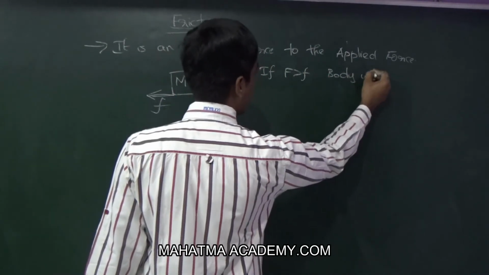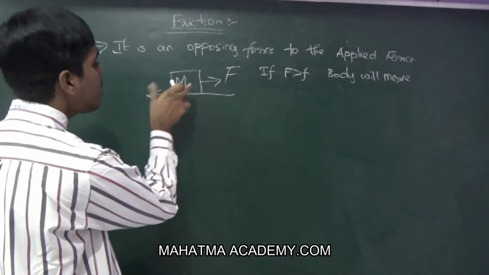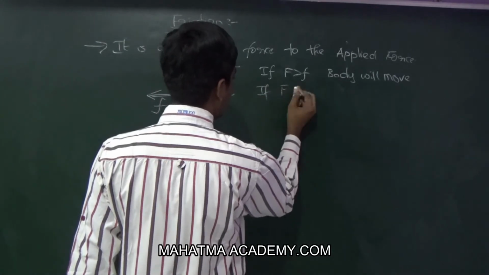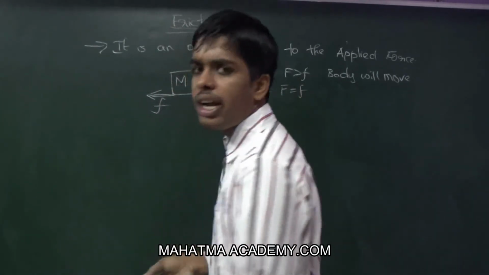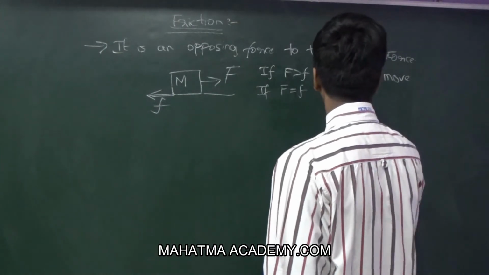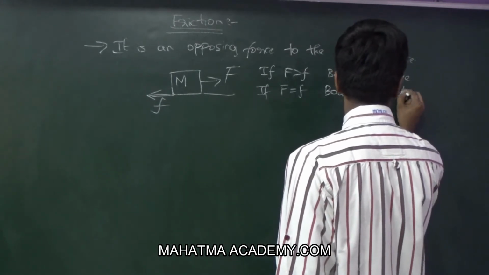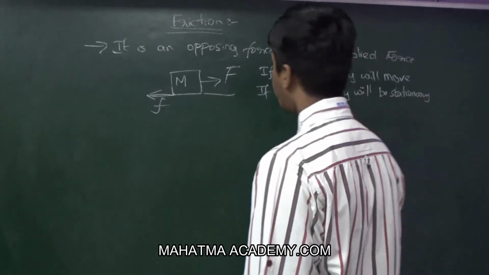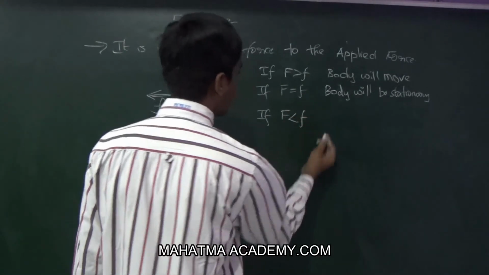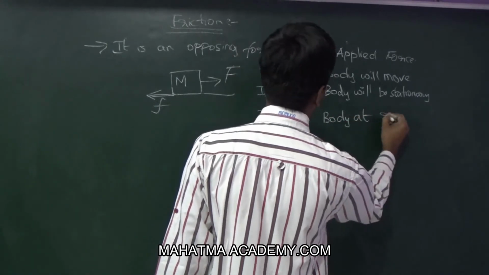If F is equal to friction, it is the wedge of sliding, it will start to slide. And if F is less than friction, the body will be stationary at rest.